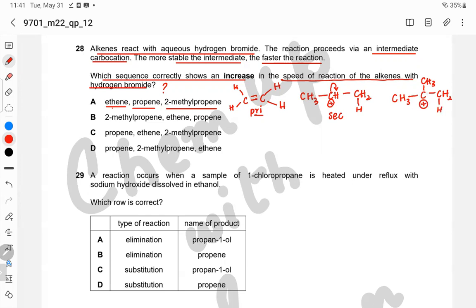This carbon is not bonded to hydrogen, but bonded to 3 carbon atoms, which means it's a tertiary one. And if you recall, primary is least stable, secondary carbocation is more stable than the primary one, and tertiary is even more stable than the secondary one. So it means our A option is correct. Very good, Tisha. Is this clear to everyone?